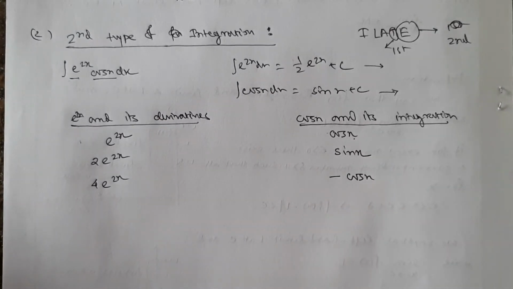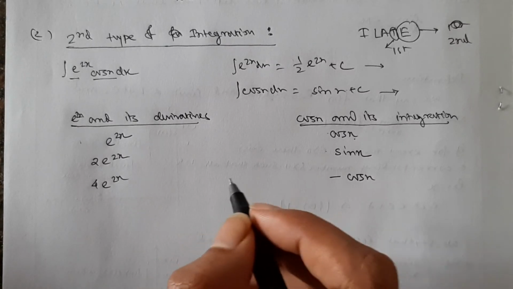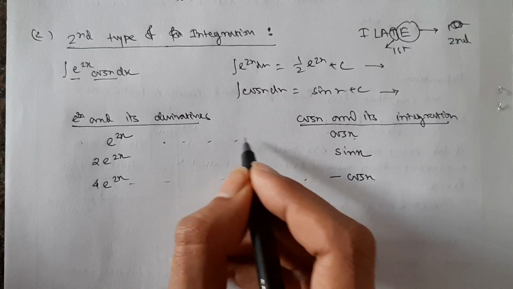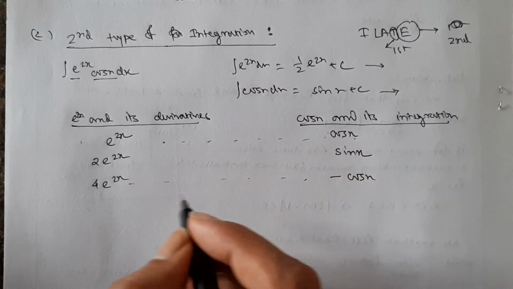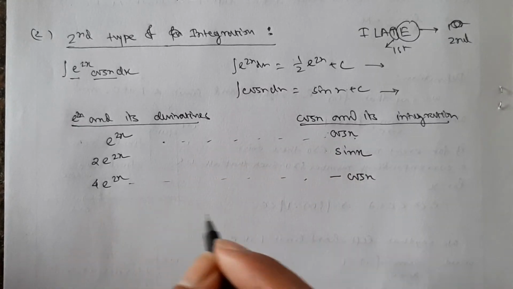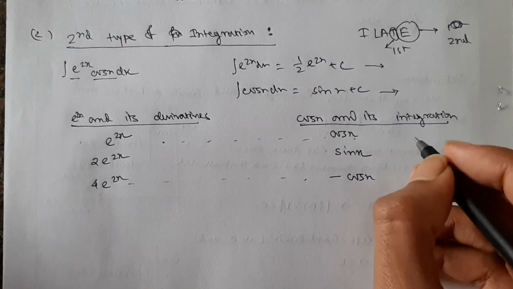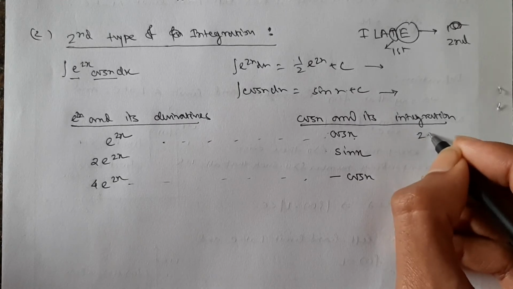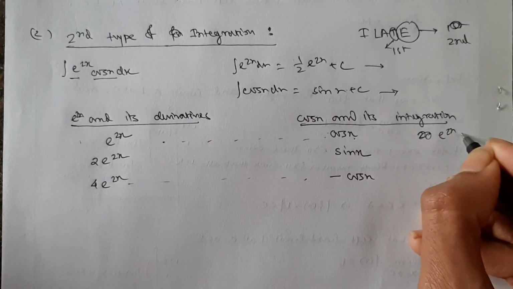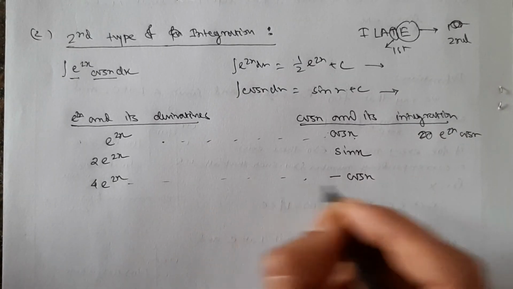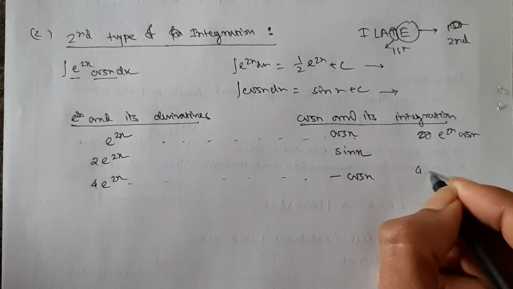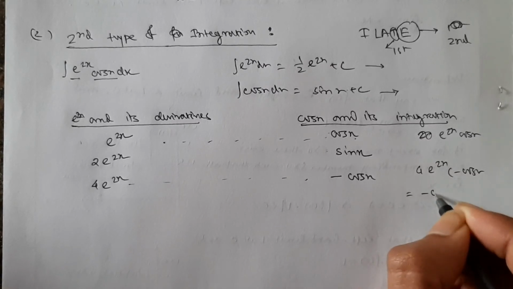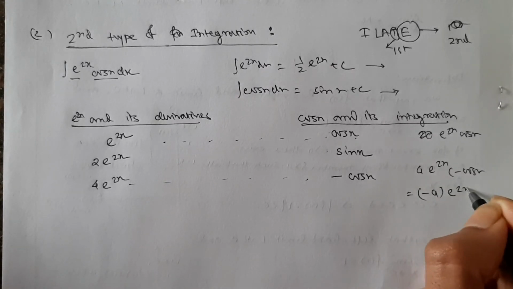So where should we stop? We stop at the point where the product of these functions is exactly the same as the original function, without considering what constant is multiplied. So if we multiply these two functions, we get e to the power 2x cos x, and if we multiply these two functions, we get 4 e to the power 2x times minus cos x, which is equal to minus 4 e to the power 2x cos x.